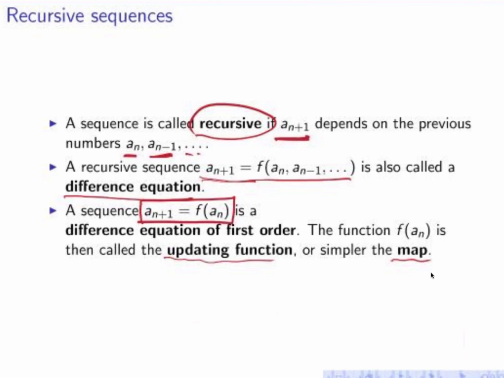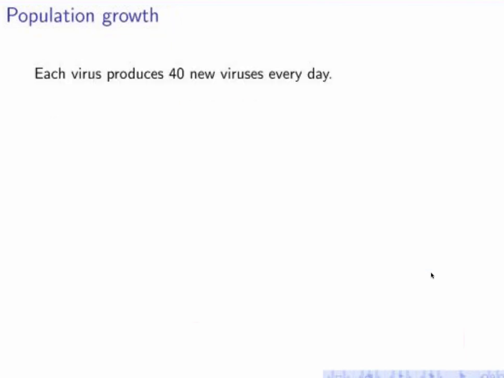So let me give you two examples, one for a first order difference equation and one for a second order difference equation. A first order difference equation arises in population growth, for example. So if you have individuals like viruses and they reproduce, and let's say they produce 40 new viruses every day, then the next day, an plus 1 would just be 40 times whatever virus load you had the day before, 40 times an.